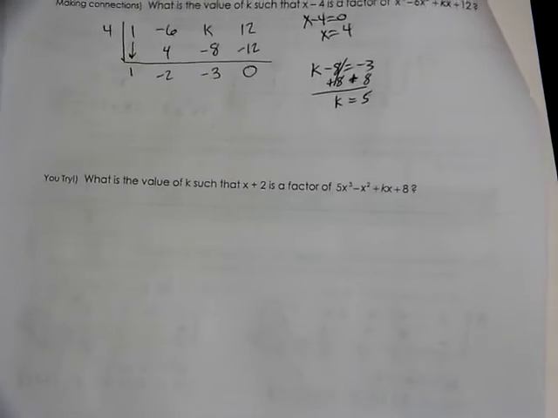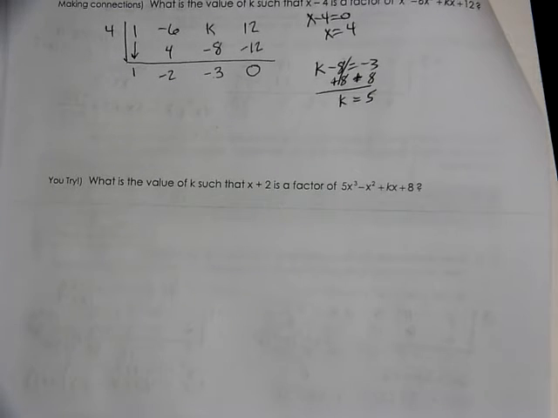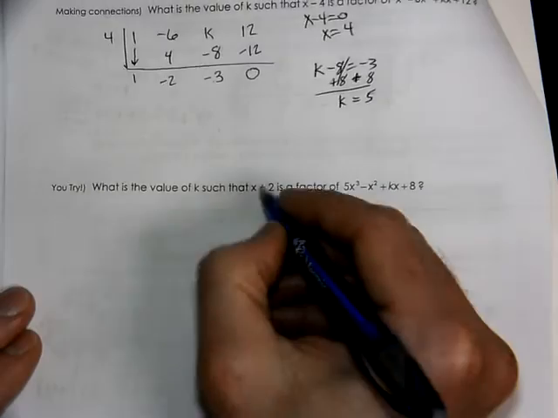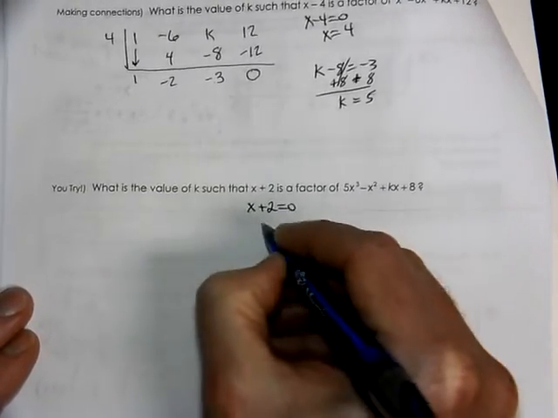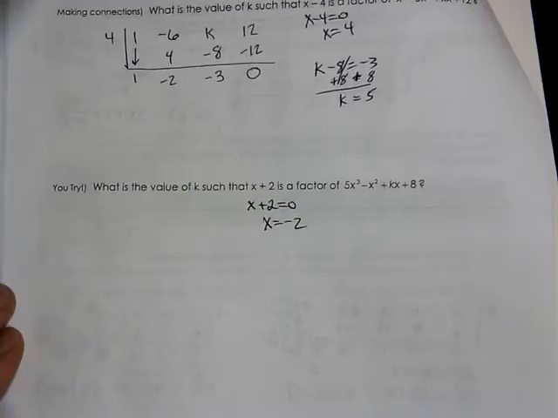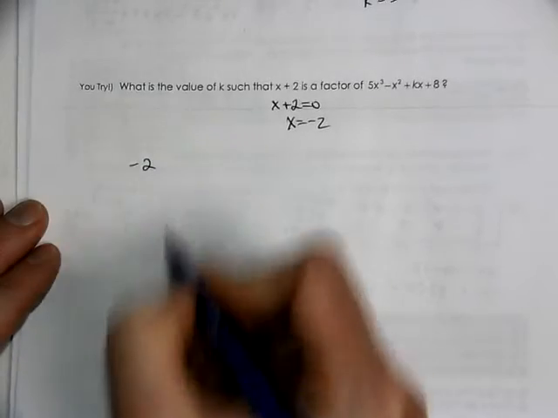So you go ahead and try that with this last example down here. Pause the video, give it a try, come back, check it out. So we know that we're working with x plus 2 equals 0. So in synthetic division, our 0 is negative 2.